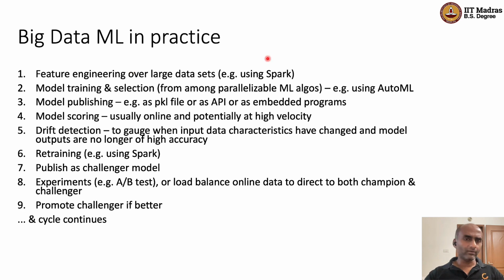As one of the first things that you do, like with all machine learning, you do feature engineering, right? To get the data in a particular shape, you get the features that you want to create independent variables. But because the data set is large in size, you end up doing feature engineering using data engineering pipelines written in Spark, right? That's one of the main reasons why we learn Spark in this course. That's why you took this course in the first place. Now, that's just the first step.